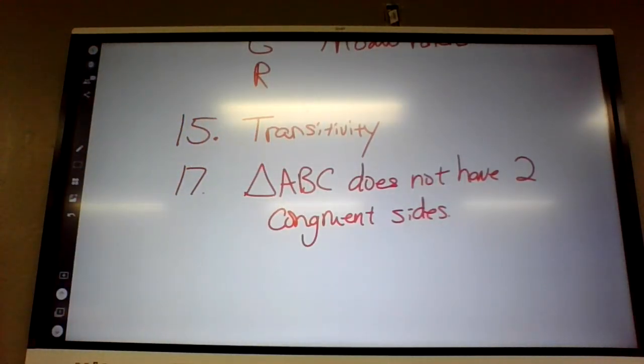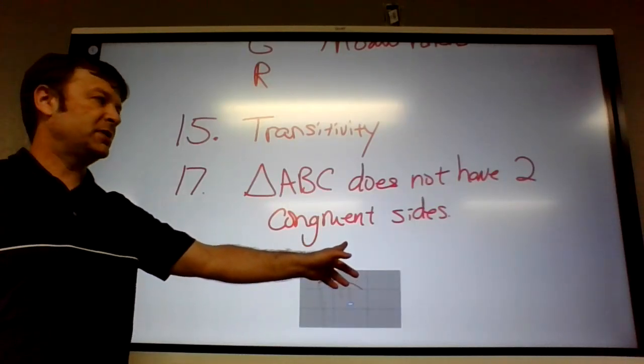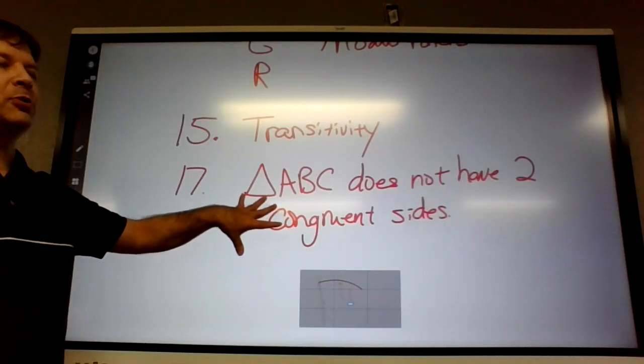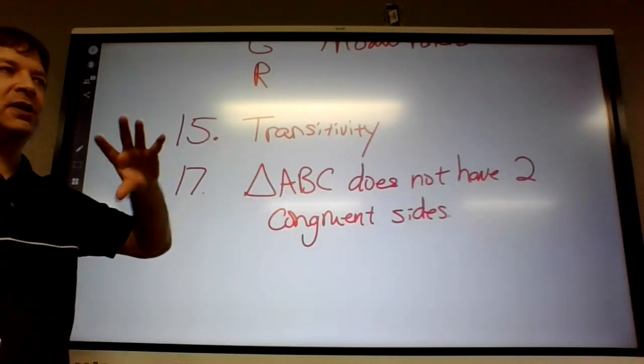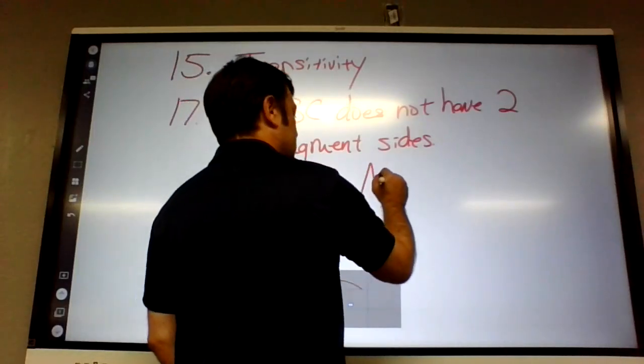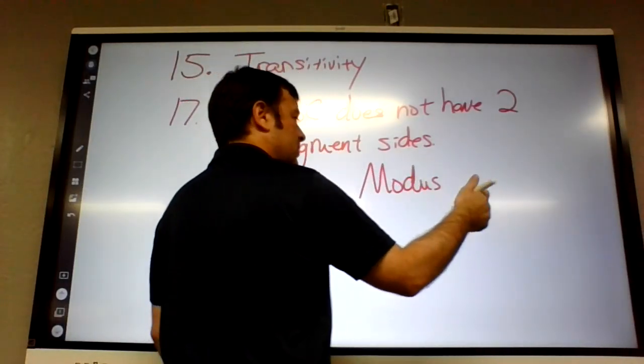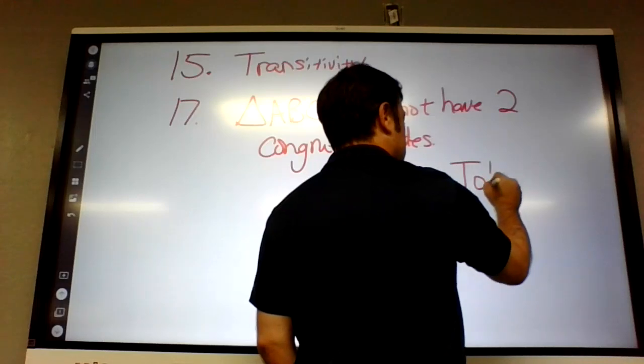They said if it has two congruent sides, it's isosceles. Then they said this triangle is not isosceles, therefore it doesn't have two congruent sides. It's the more complex one. It's not B, therefore not A. So it's modus tollens. Not the second part and not the first part. That's modus tollens.